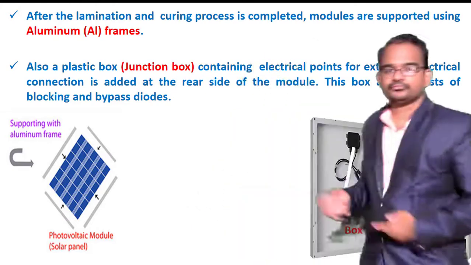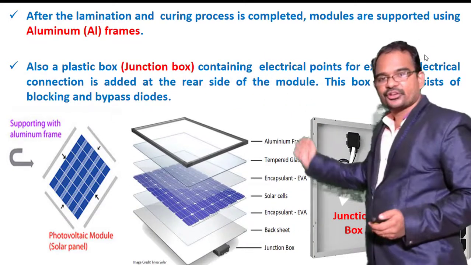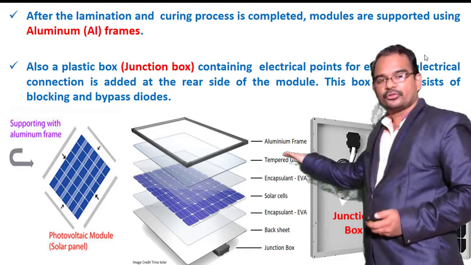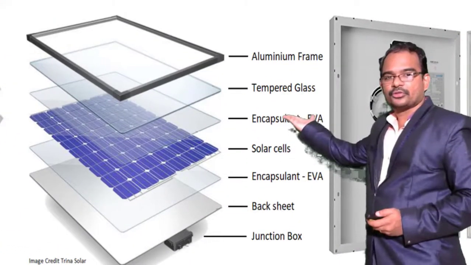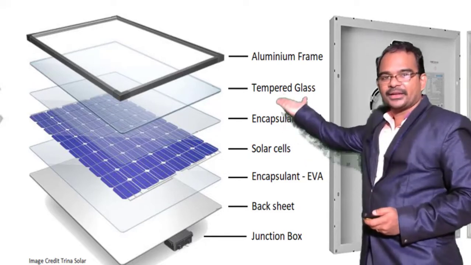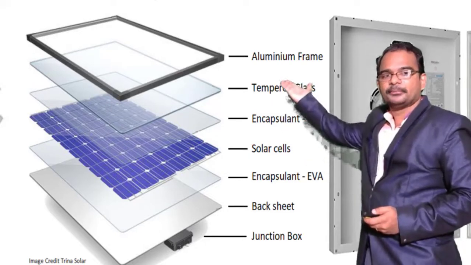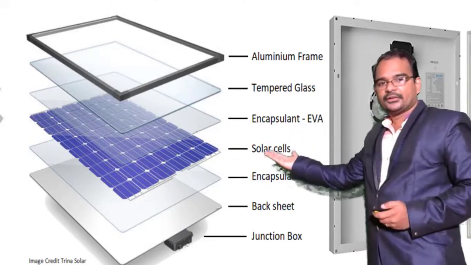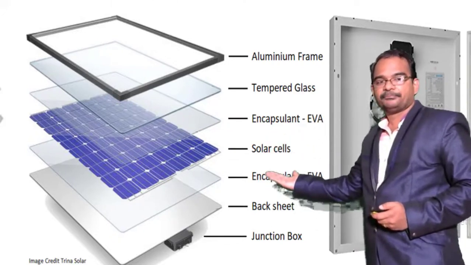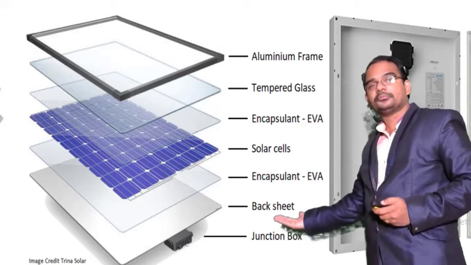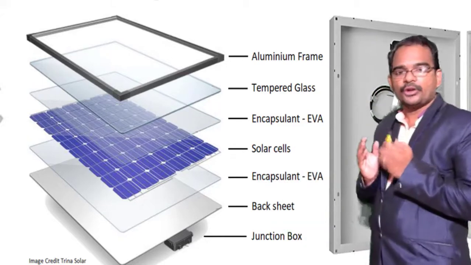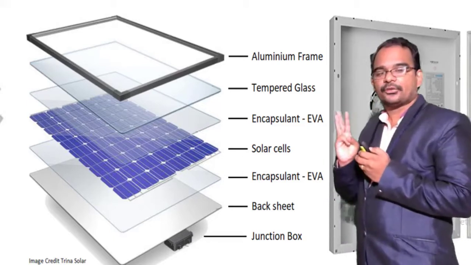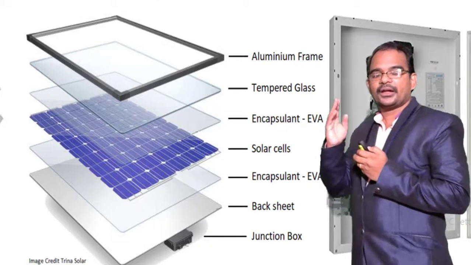Right? Now you can see the complete structure of a solar module. You have a solar PV module at the center, and on top you have an encapsulant followed by a transparent film followed by an aluminum frame. At the rear end you have an encapsulant, a back sheet, that is Tedlar, followed by the junction box. So a PV module is sandwiched between three different types of layers on its top and bottom sides.